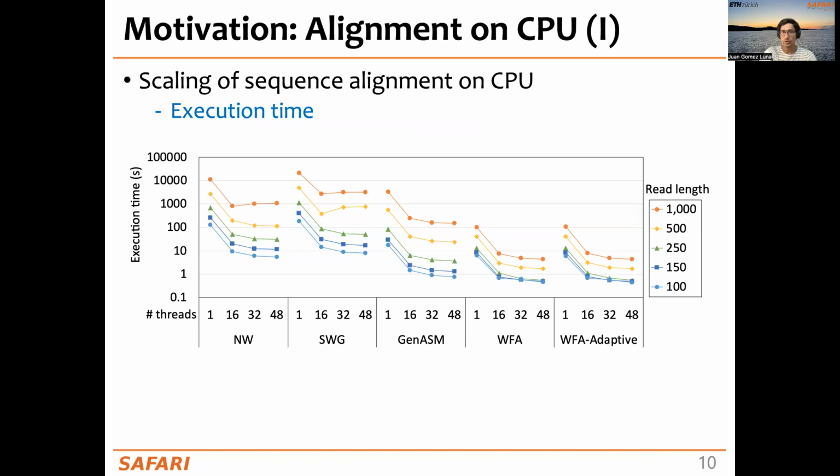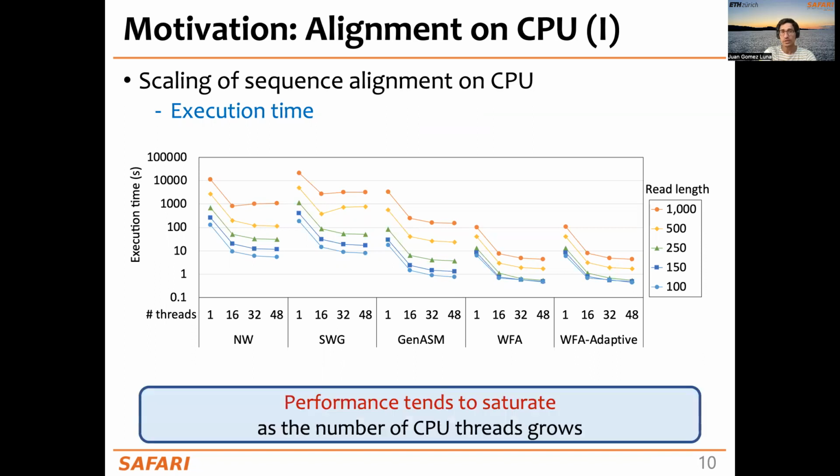If we look at the execution time of these 4 algorithms, or 5 algorithms if we also take into account the adaptive version of WFA, for different numbers of threads on a CPU, we see that the performance tends to saturate as the number of CPU threads grows. So there is no good scaling on current multi-core CPU systems.